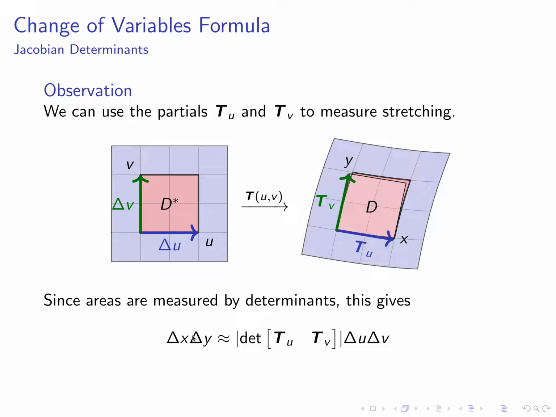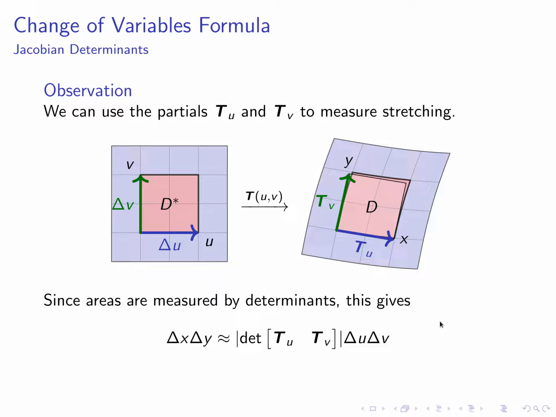So what we get is an approximation: change in the x direction times change in the y direction is approximately equal to the area of this parallelogram multiplied by the original changes in u and v. And the area of that parallelogram should be the determinant of the matrix whose columns are the partial derivative of T with respect to u and the partial derivative of T with respect to v. And this is an approximation that works for small regions.